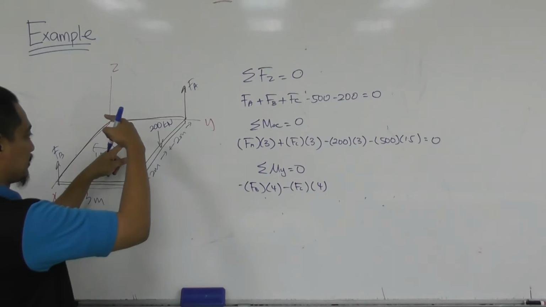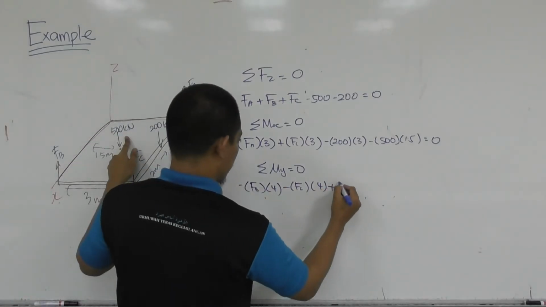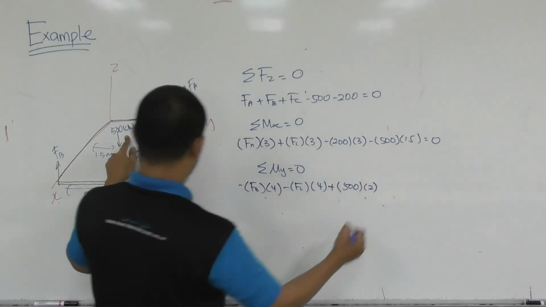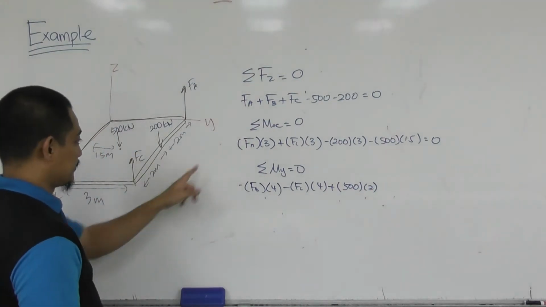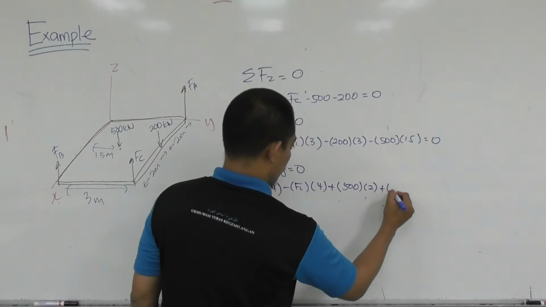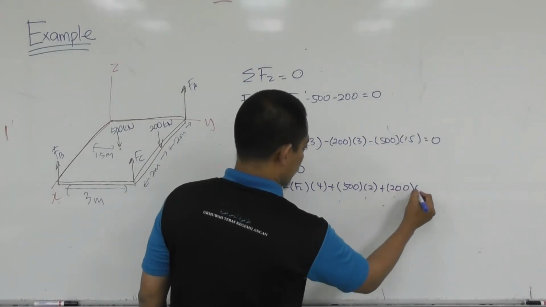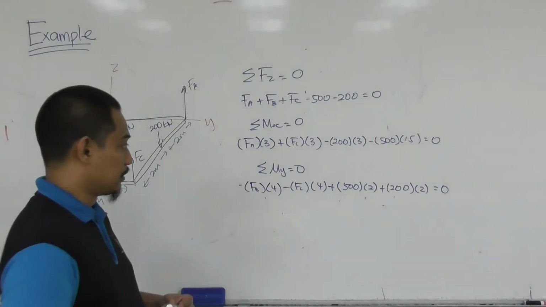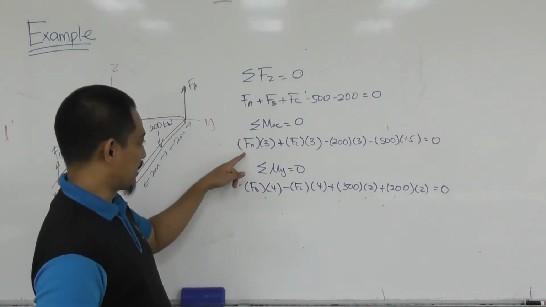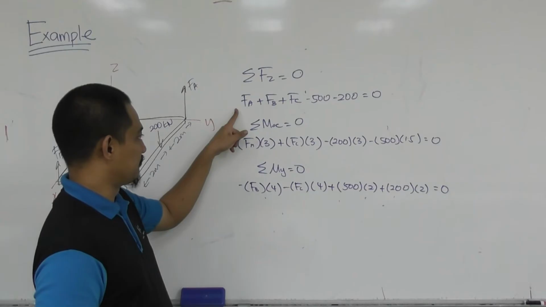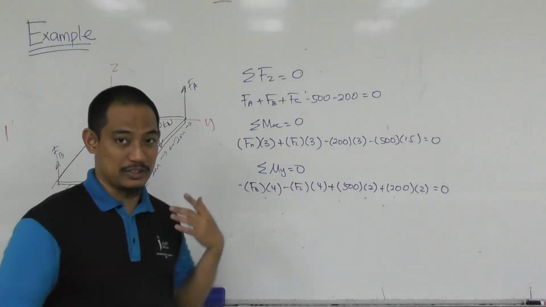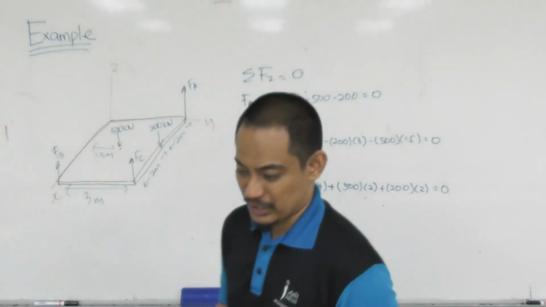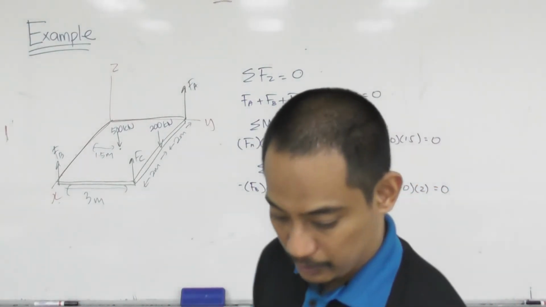This 500 is counterclockwise, so plus 500 a distance of 2, and this 200 is also clockwise, so plus 200 a distance of 2. As you can see, here is FA, FC, here FB, FC, and here is FA, FB, FC. So it's 3 equations and 3 unknowns. You can solve the simultaneous equations. So that's one way to do it.